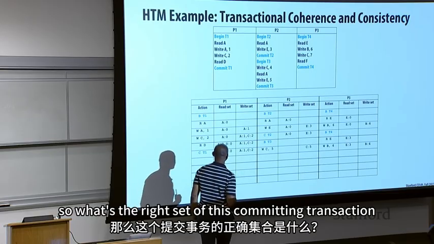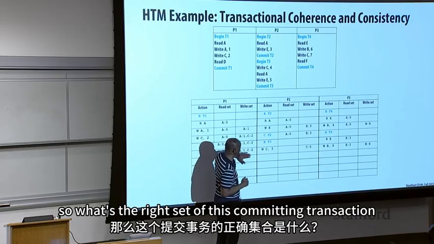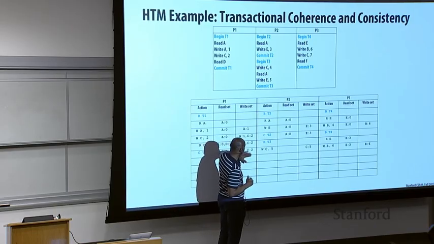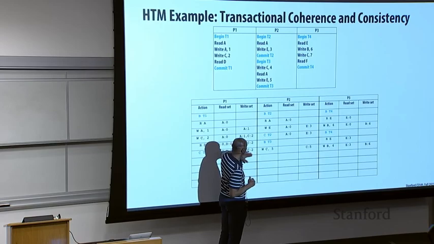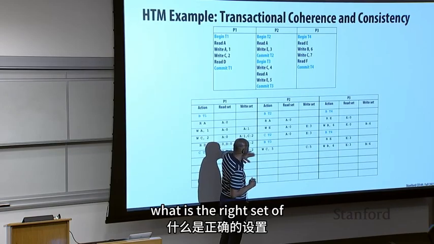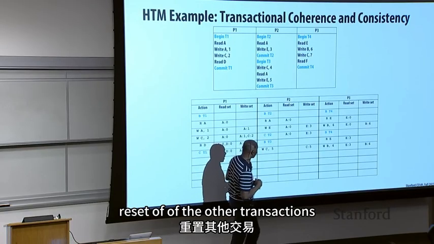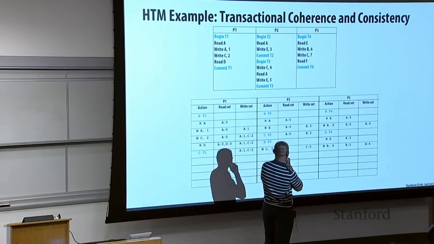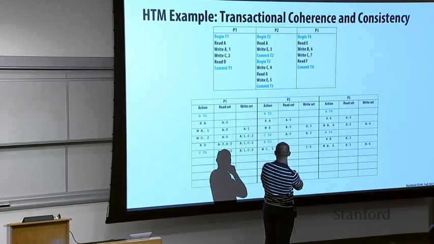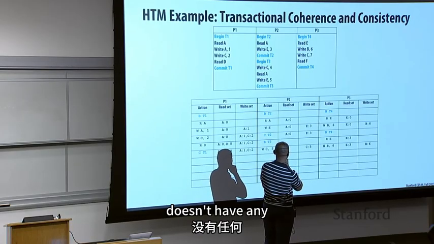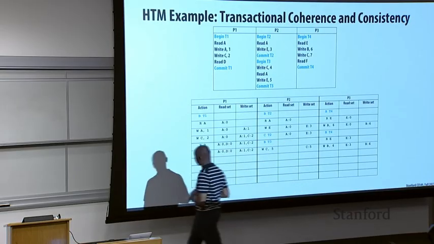Exactly. Okay, so what is the write set of this committing transaction? What is the write set compared against the read set of the other transactions? It doesn't have any. So it looks like we're okay.